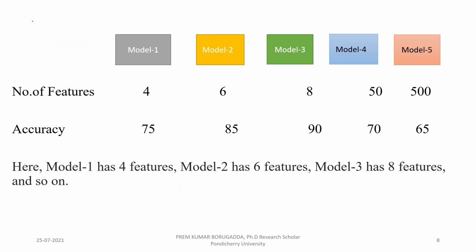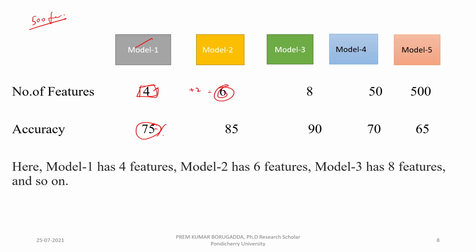My dataset contains 500 features in total. Out of these, I may choose 4 features and train my model 1 with them, and I get an accuracy of 75%. Next, I add 2 more features, so 4 plus 2 is 6 features.